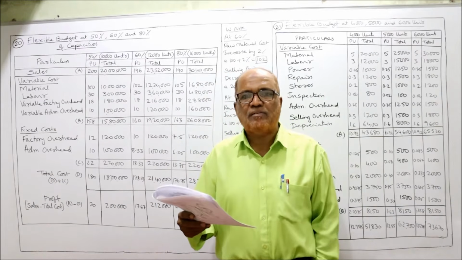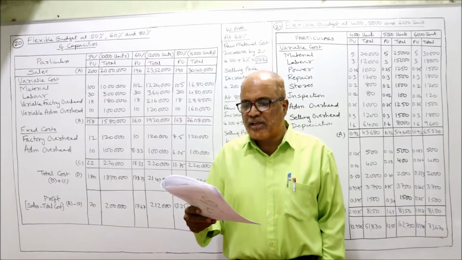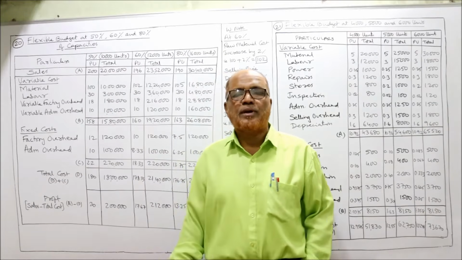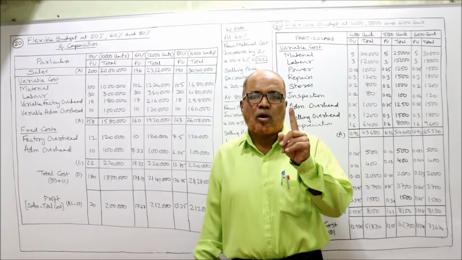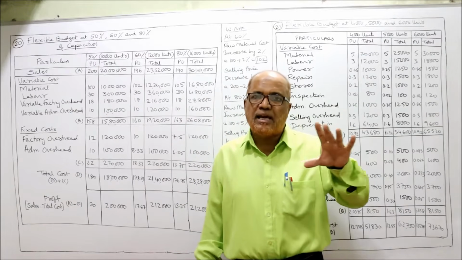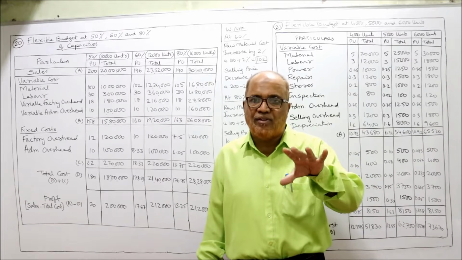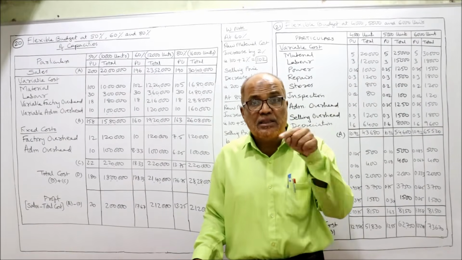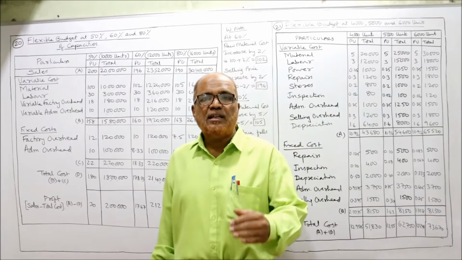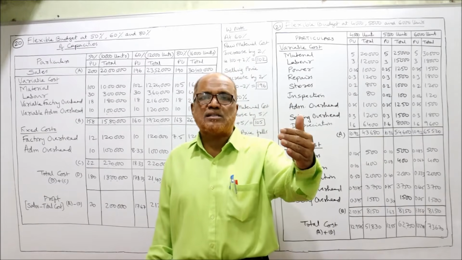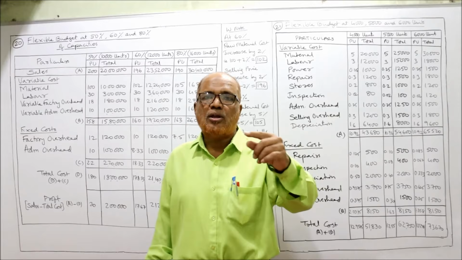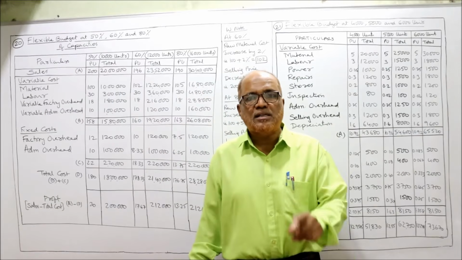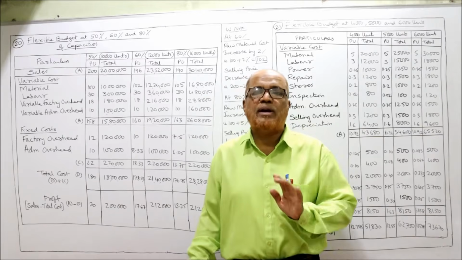At 60% working, raw material cost increases by 2% and selling price falls by 2%. Normally, the raw material cost per unit will remain the same because raw material is a variable cost. So the per unit variable cost will remain the same. But in this problem, it is saying that when we increase the capacity to 60%, the raw material cost will increase by 2% and the selling price will fall by 2%.